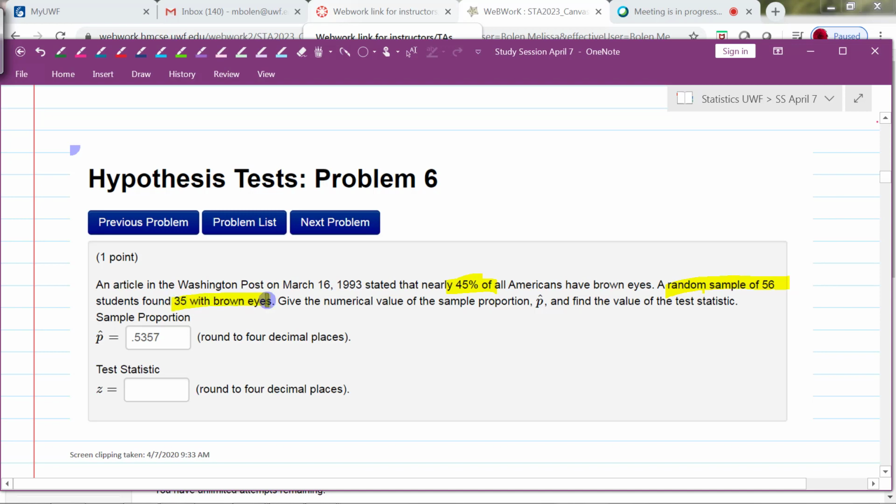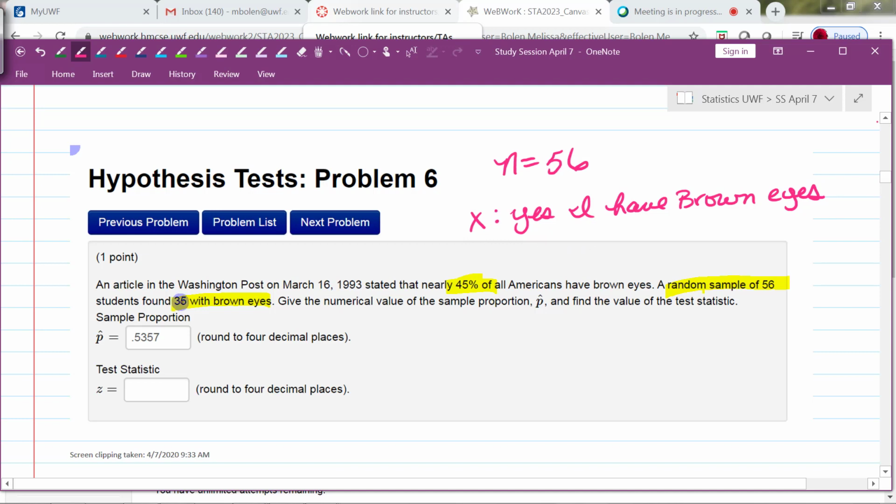That would be X. X is the number of people or observations that qualify for what you're studying, okay? So what we did is we took a sample of 56 people. So N is equal to 56. And we observed the color of the eyes. If they said, yes, I have brown eyes, then that is going to be X, okay?